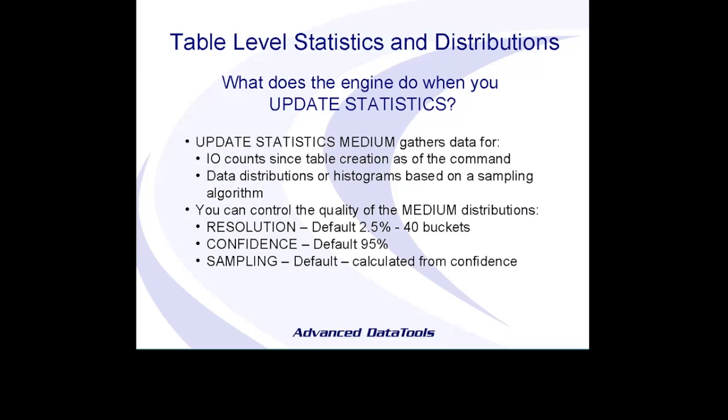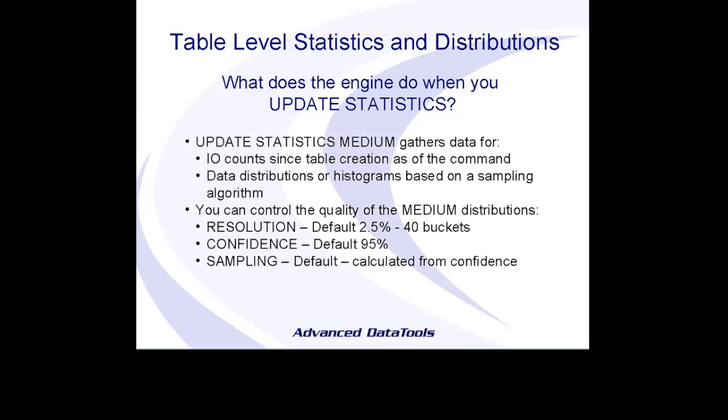You can control the quality of the medium distributions, which are sampling, with 3 optional parameters. The resolution parameter lets you specify how finely the distributions are divided up, how many buckets. The default resolution is 2.5%, which gives you 40 buckets in general.